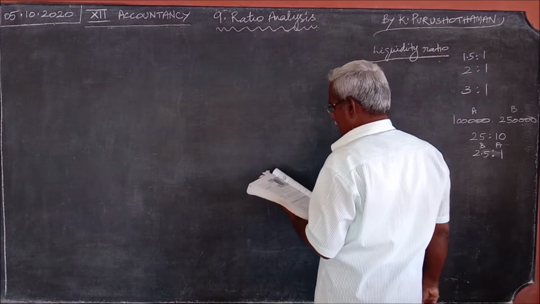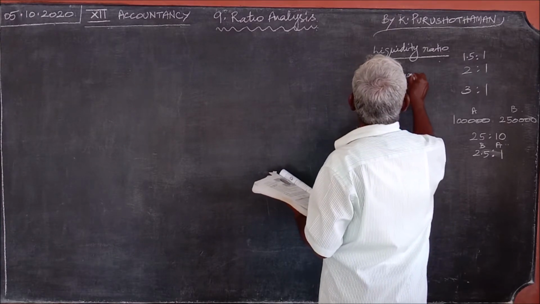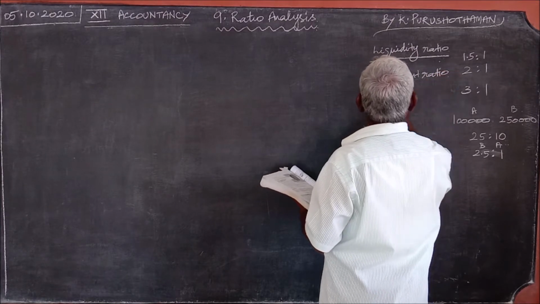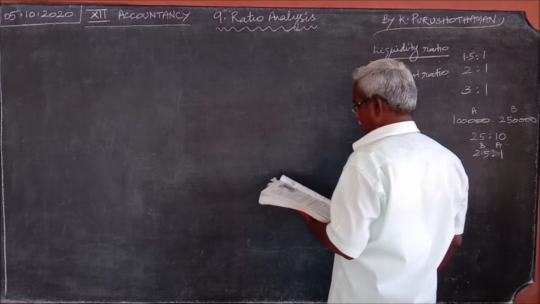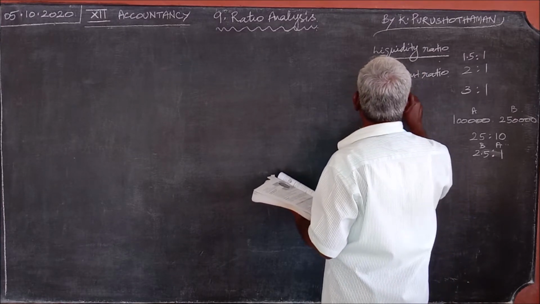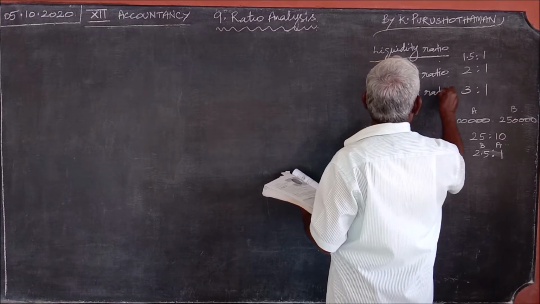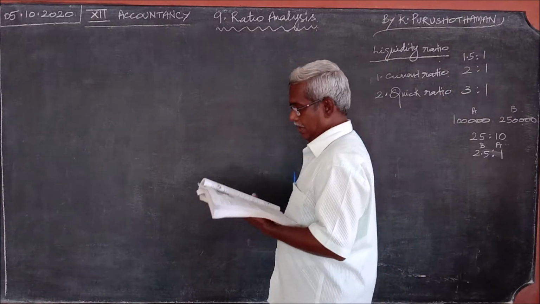Under this, one is the current ratio, the other one is the quick ratio. We shall see the ratios one by one.